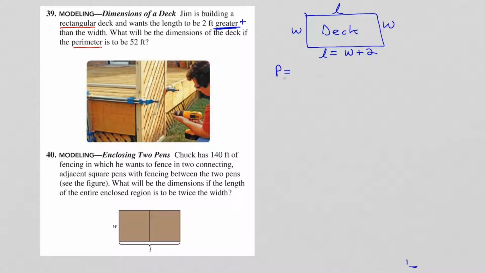So that's going to be L plus L, because it's a rectangle and opposite sides are congruent. So basically the better formula is just 2L plus 2W, because we combine like terms right there.